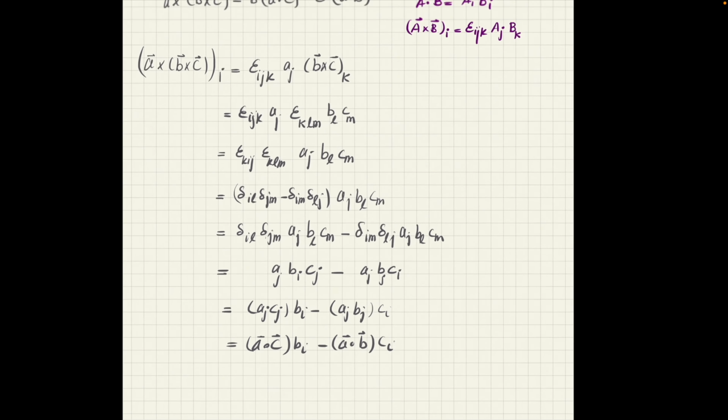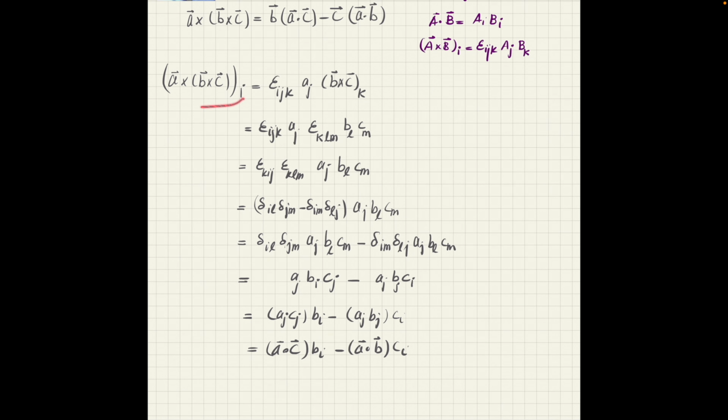Now if you go back, the ith component of this vector is equal to this, which is exactly the ith component of this vector. And this can be done for any I, 1, 2, or 3. So it means that we were able to show that each component on the left is equal to the corresponding component on the right.